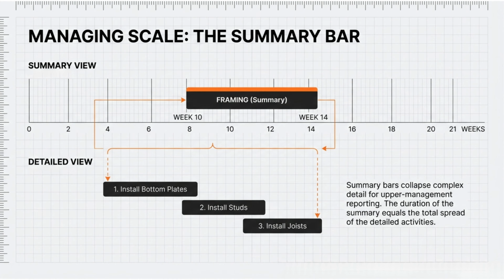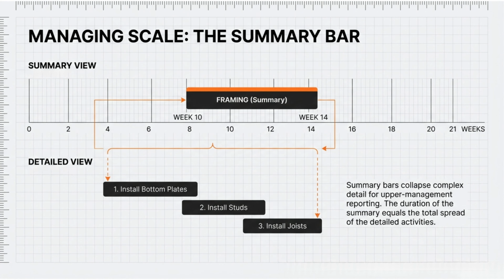Then, separately, in your detailed schedule, which you use to actually run the site, you expand that summary bar into all its component activities. Install bottom plates, install studs, install joists, and so on. 2 levels of communication. 1 chart for the boardroom, 1 chart for the site foreman. Same data, different granularity.